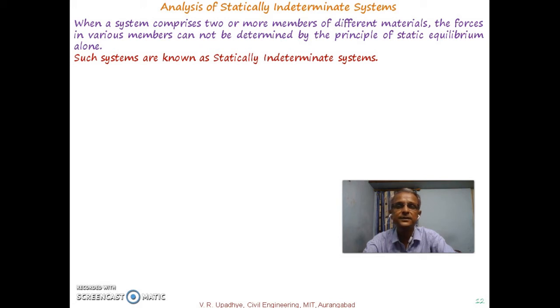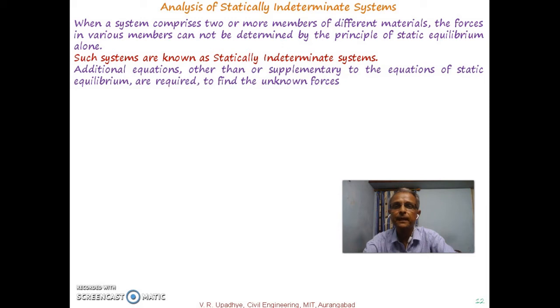Such systems are known as statically indeterminate systems, and additional equations other than or supplementary to the equations of static equilibrium are required to find the unknown forces. So some additional equations other than the equations of static equilibrium are necessary for further analysis of that particular structure.